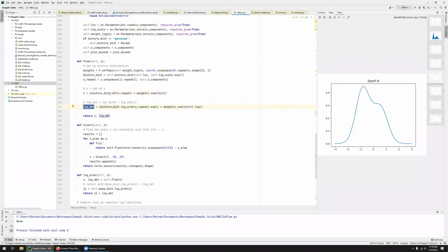Because it's a CDF, the derivative is the PDF. And so they just say, give me the log probability of the X values. And then you exponentiate again, multiply by the weights, and then take the log again. I don't know if this was necessary, you could just do it directly, but anyway, it's probably better for numerical stability.